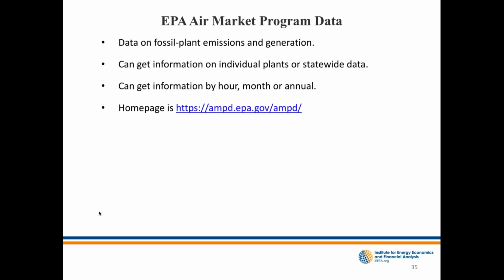You can get it for a short period, hourly, or for month by month or year. The home page I've listed here. The slides will be available on our website after the webinar, or you can just Google EPA Air Market Program.